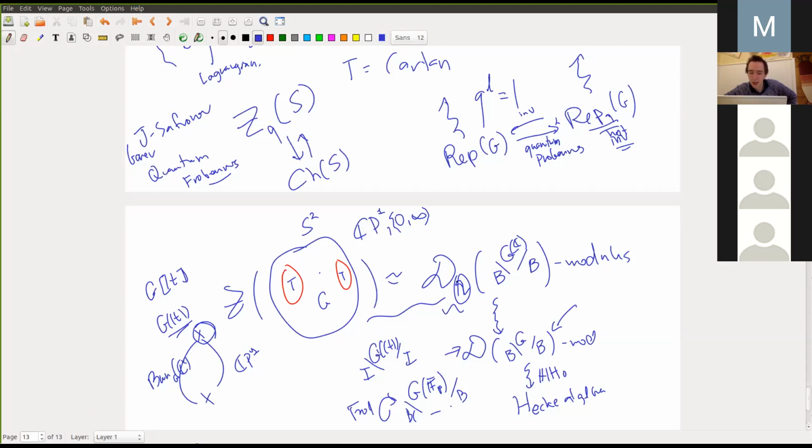And it's not actually D modules on some space. So the correspondences here just come from something naive like, if I take G mod B cross G mod B, I have a map to G mod B.